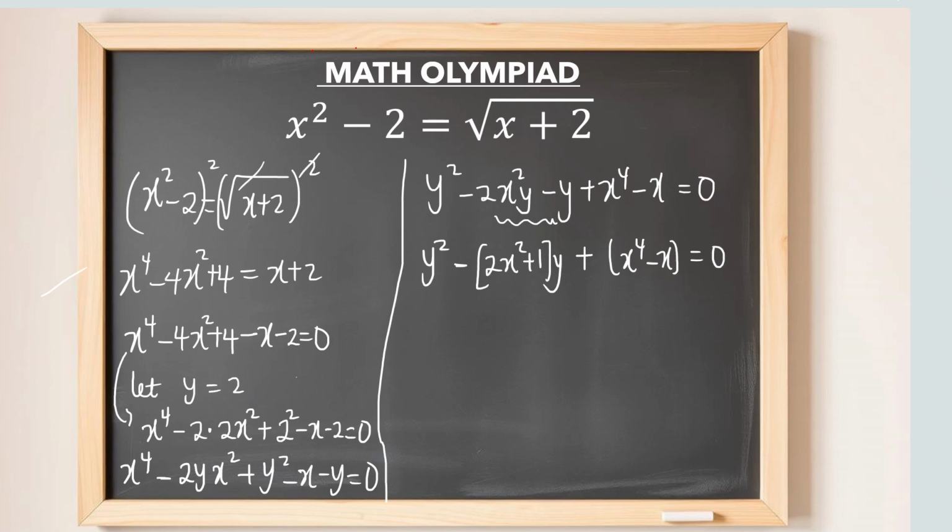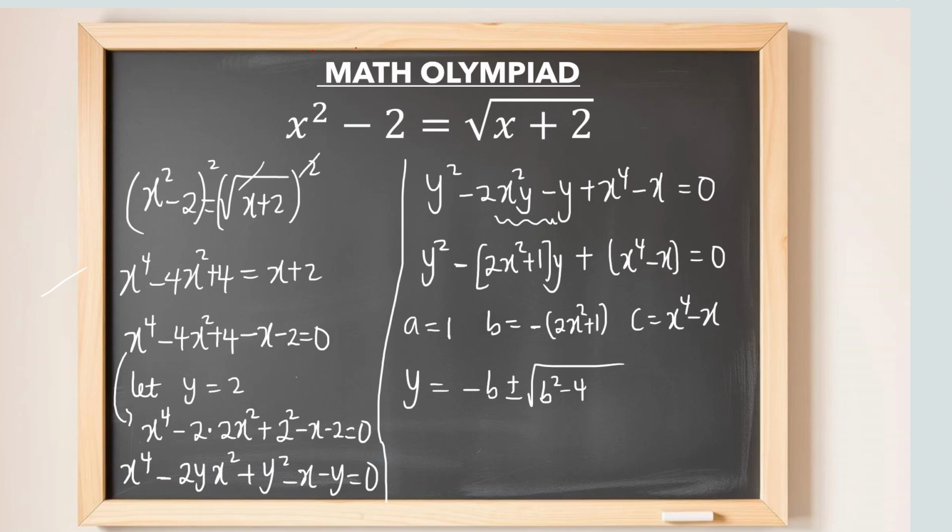Now, if you have a very good look at this, this is a quadratic equation, where the coefficient of y squared, that is a, is 1. The coefficient of y, which is b, is going to be negative (2x squared plus 1). And my c is going to be x to the power of 4 minus x. Now, solving using the quadratic formula, which is y equals minus b plus or minus root of b squared minus 4ac, everything over 2a. Now let's plug in these values.